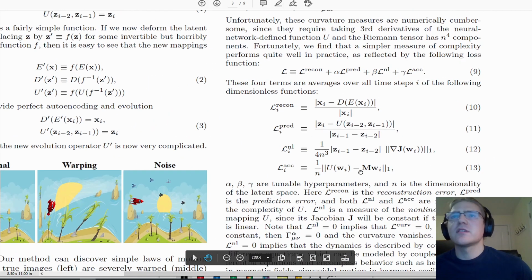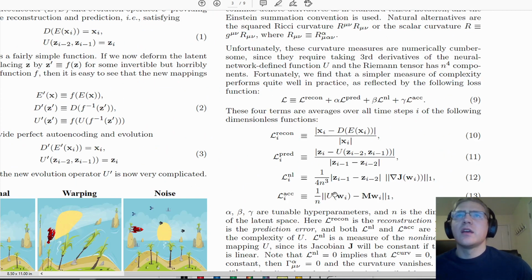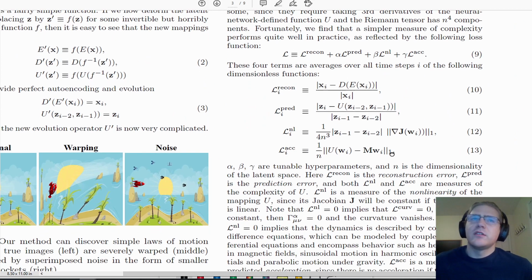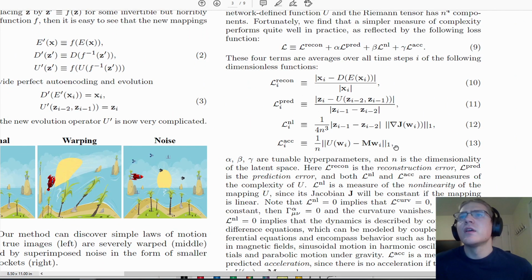They also have this acceleration term, and the idea here is you want to minimize the amount of acceleration, because things accelerating too rapidly are non-physical.